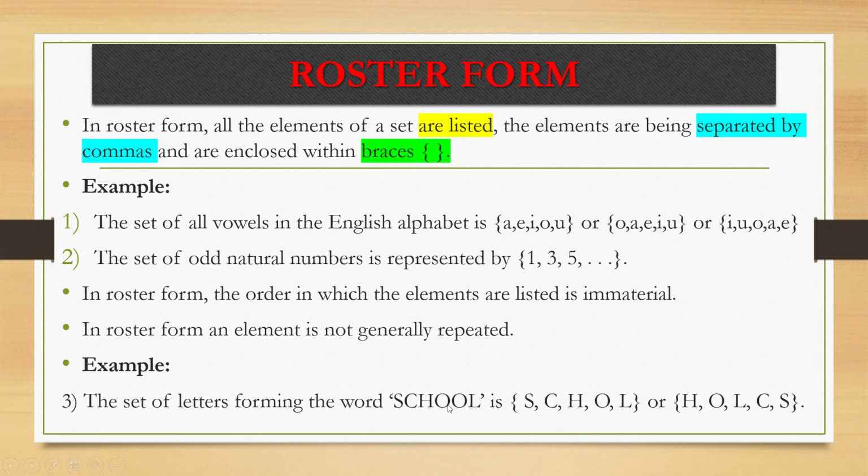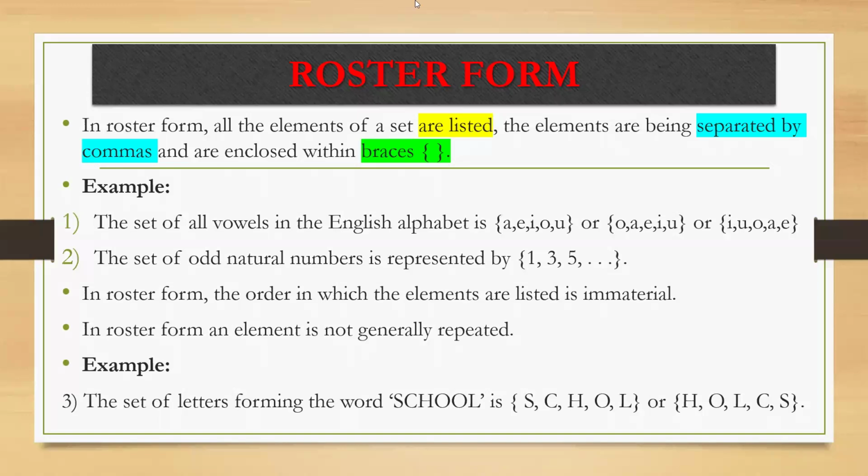But if you are writing in roster form, then we will write O only one time. One element has to be listed only one time. There is no need to repeat it. So these are some points which should be taken care of while writing a set in roster form. Is that clear?